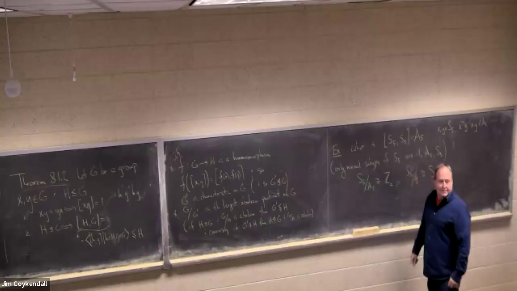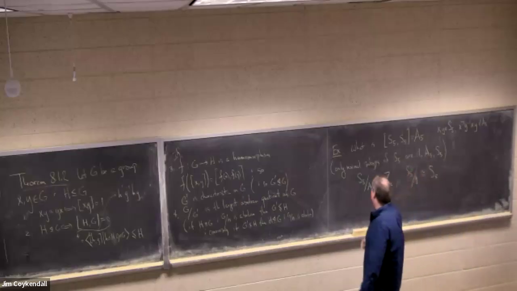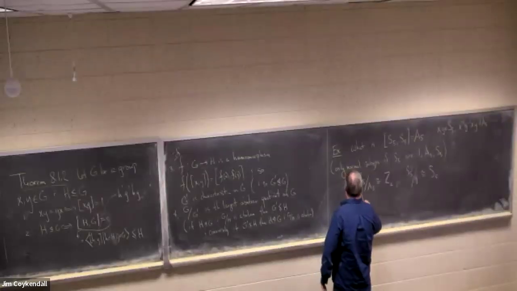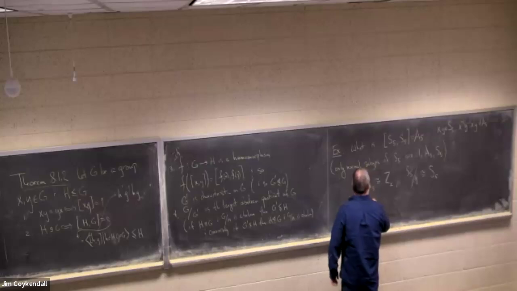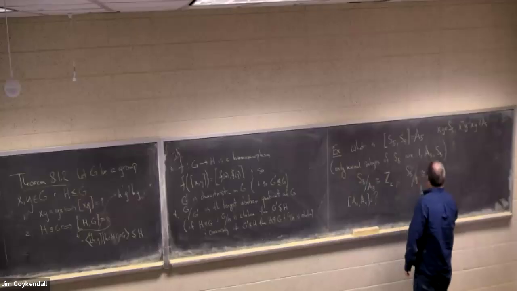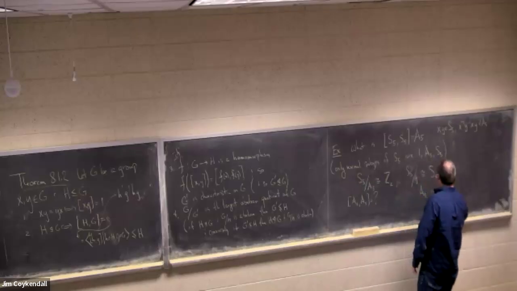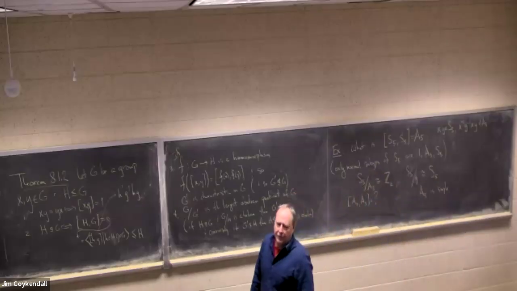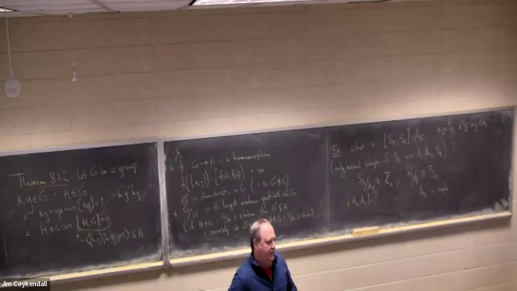This is A5. What about the commutator subgroup of A5? Now remember, A5 is simple. So there are only two normal subgroups, A5 and the identity. Which quotient, if either, gives you an abelian group?